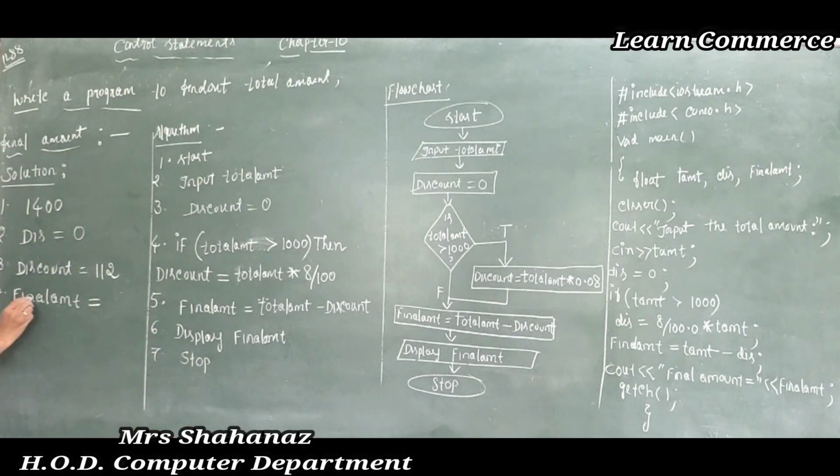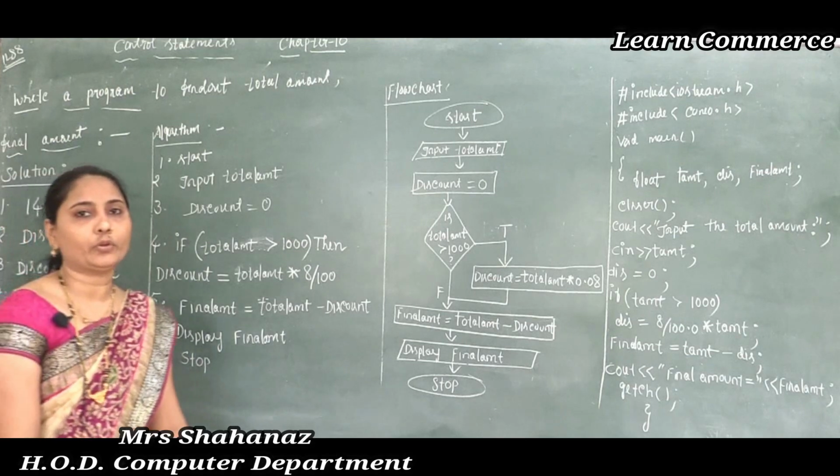We know the total amount, 1400, and the discount is 8%, which is 112. So 1400 minus 112 gives us 1288. That 1288 is equal to the final amount of the bill.